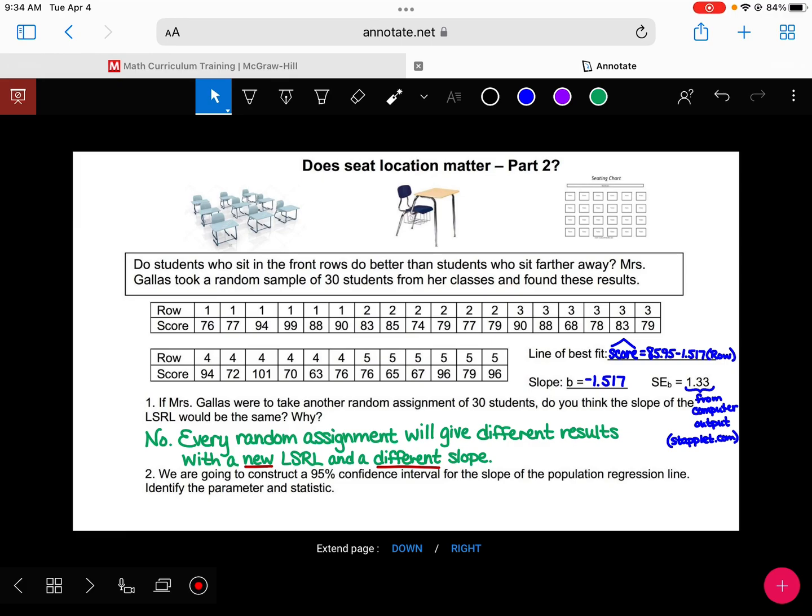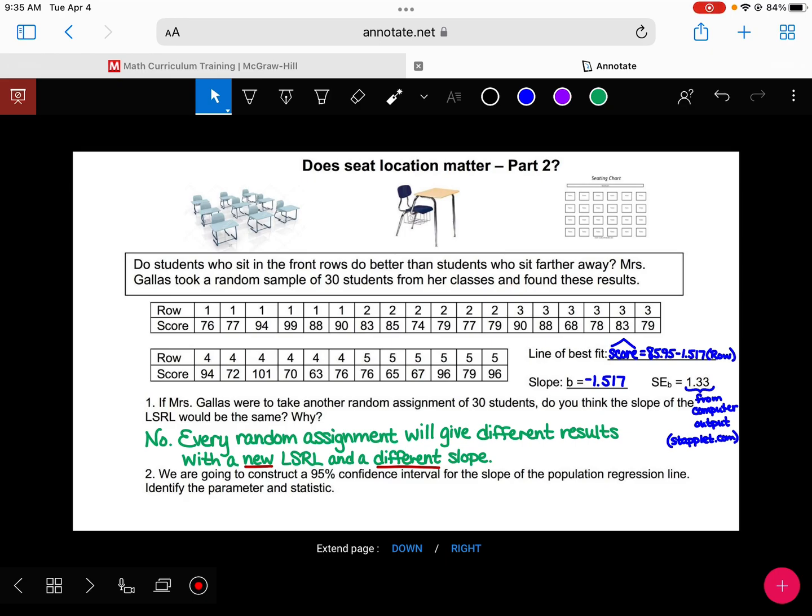And what would beta represent then? The true slope of every least squares regression line? Think about parameter. Parameter describes what? Sample or population? Population. So beta is what we would be trying to estimate, and that would be the true slope of the population least squares regression line.